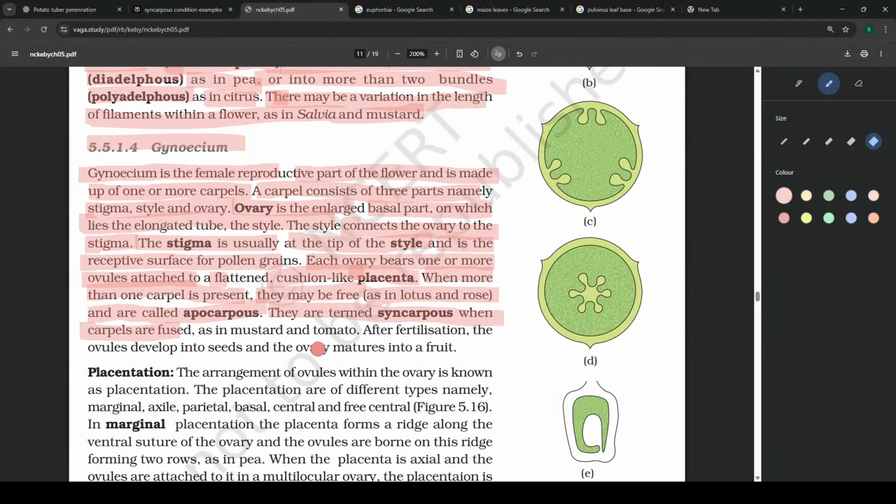As in mustard, okay, they give examples here. When the carpels are fused, it is called syncarpous, as in mustard and tomato.